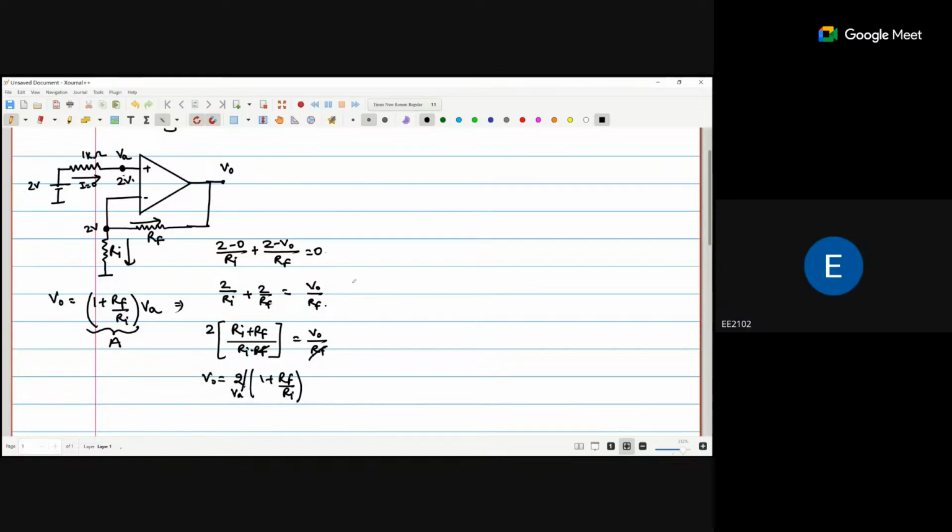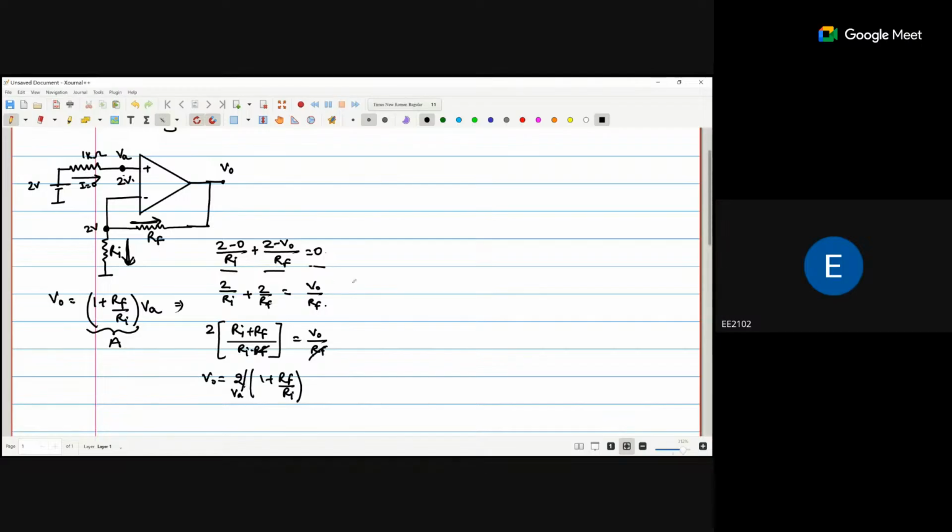Now I am just assuming that the direction of current is outward. So the addition of outgoing current is equal to the incoming current. There is no incoming current, so I put it as 0.